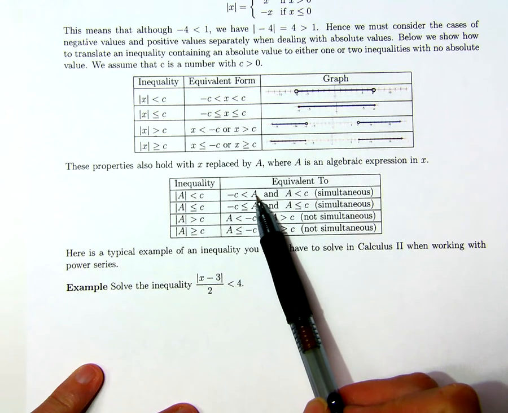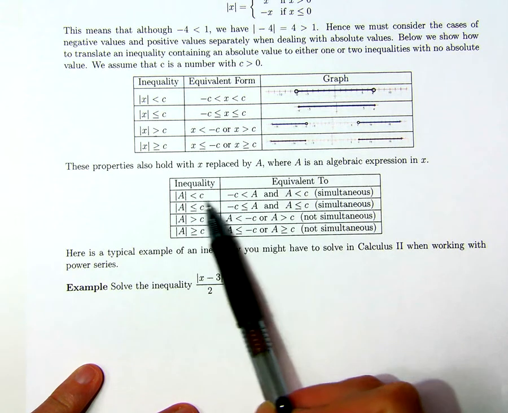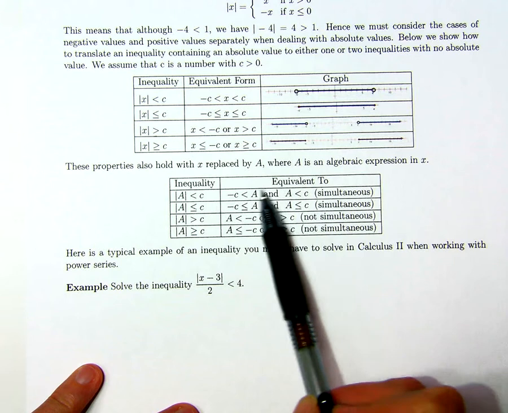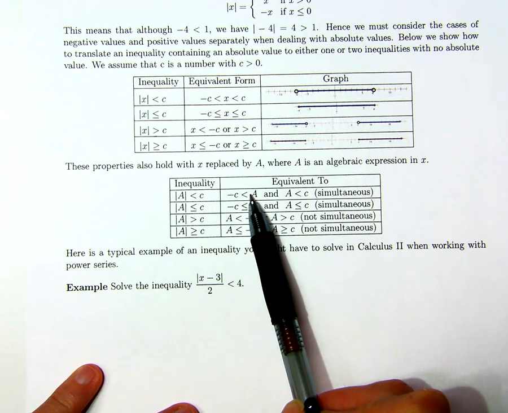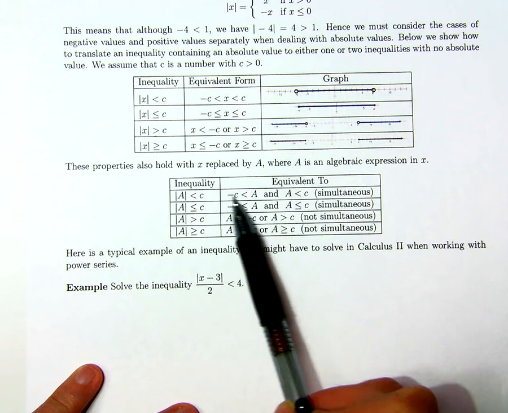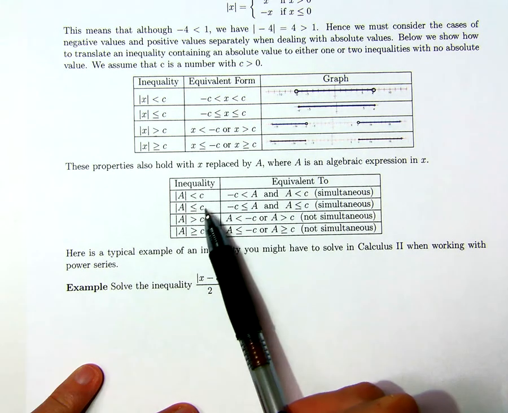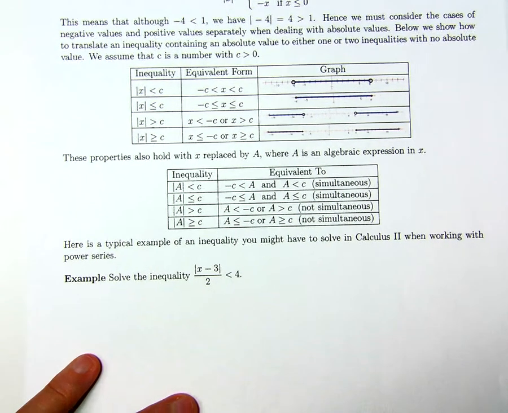In other words, if minus c is less than a and a is less than c. So we can translate this inequality into a pair of simultaneous inequalities, and the solution set to this is the set of all x which satisfies both of these inequalities.